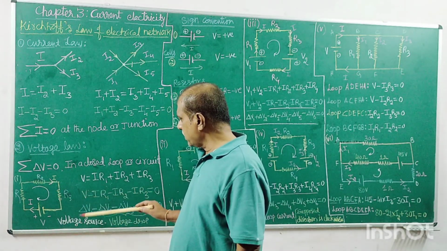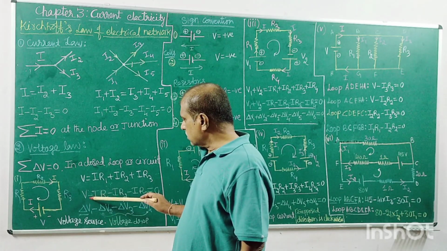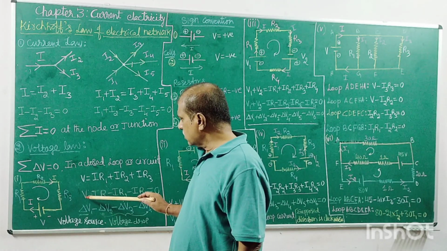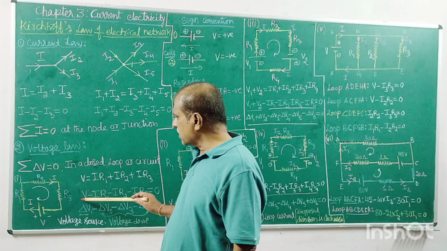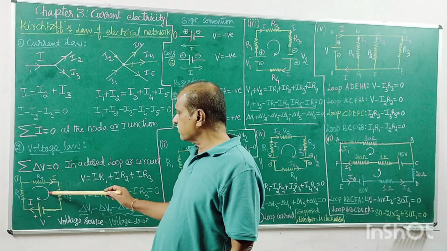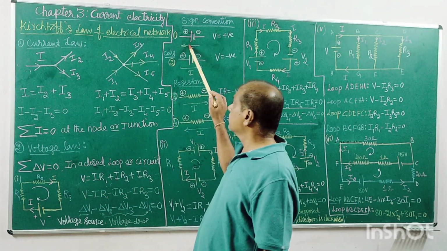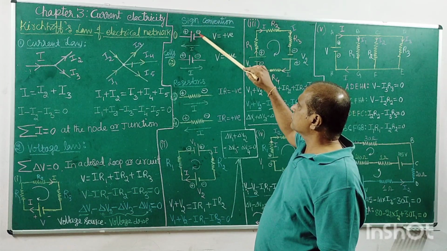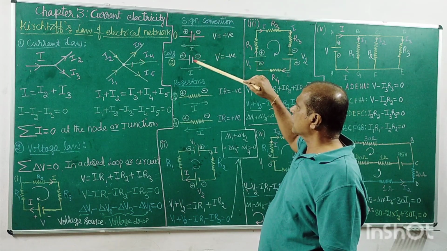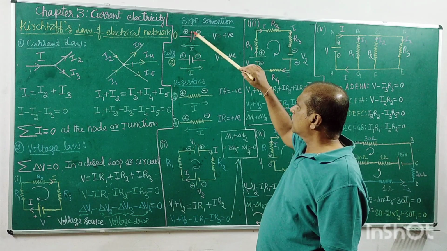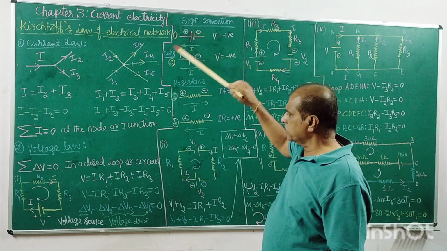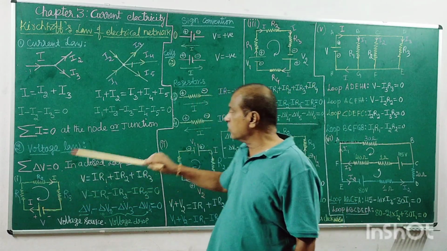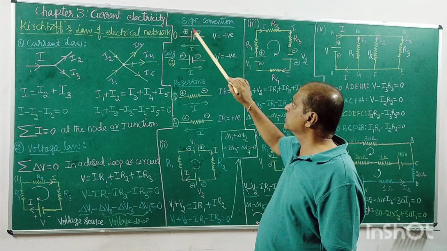Accordingly, we have to understand what sign convention we are applying. This is the one we are applying. This is a cell, with positive and negative terminals, that is, positive potential and negative potential.